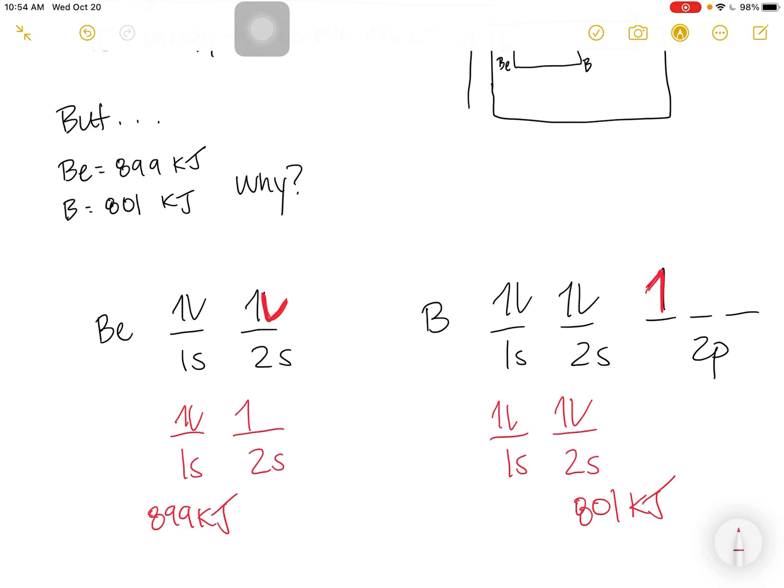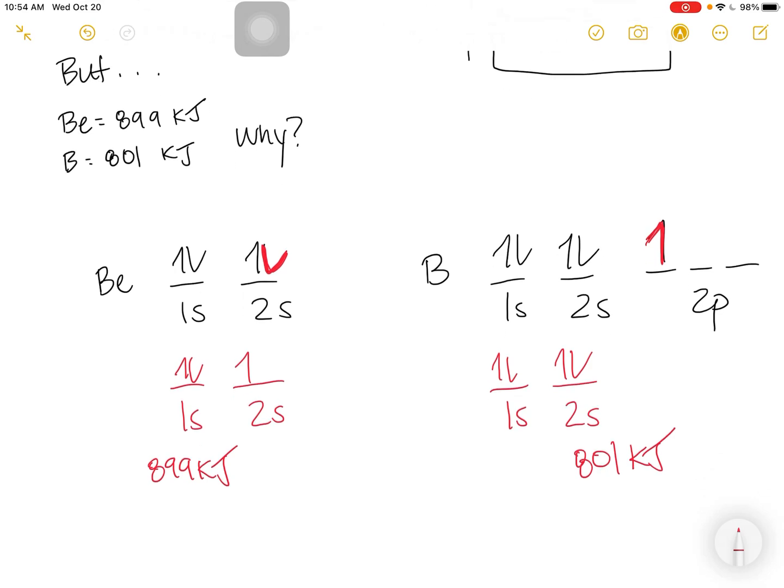So of course the question is why, and maybe you can see this. It's because taking away the 2p electron gives me an ion with, I don't want to say a lower energy level because it's still level 2, but it gets rid of the 2p. So this is essentially gone, and the 2p sits at a slightly higher energy level than the 2s.